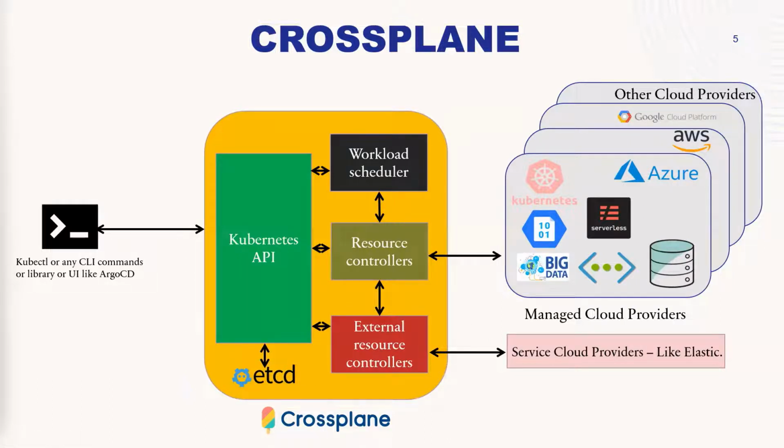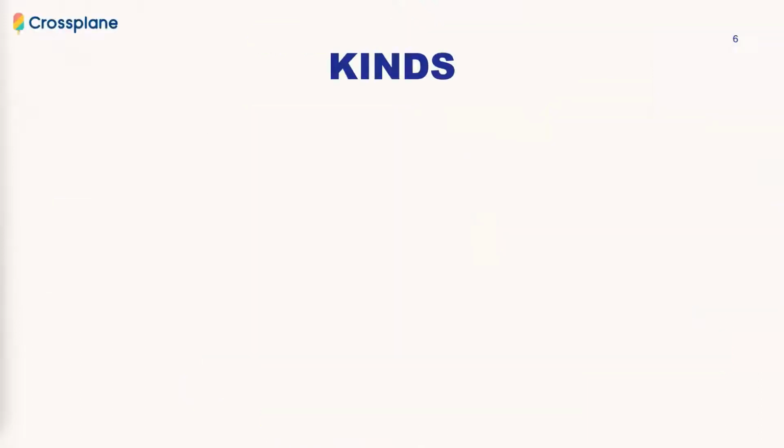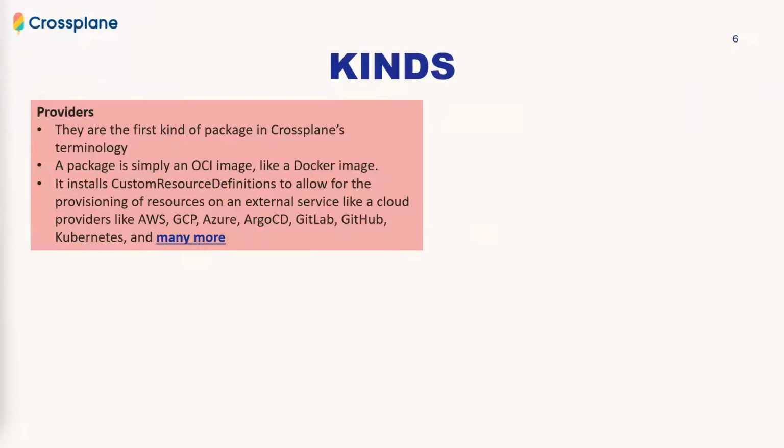We'll see more of what else is in Crossplane. There are four important things in Crossplane. First is a provider. A provider is nothing but where you are going to deploy. Let's say you want to provision AWS machines or an AWS cluster, or an Azure Kubernetes cluster or Azure database, or Google Cloud Kubernetes, anything you want to provision.